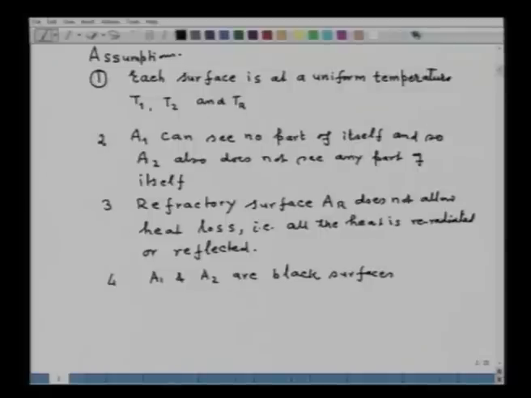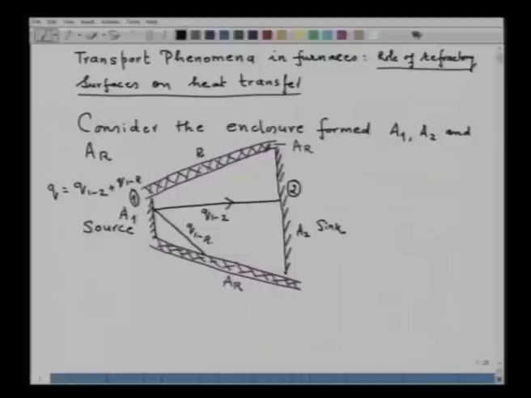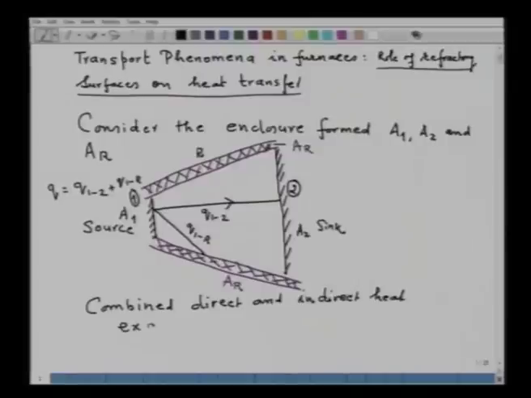So, now what this figure represents is a combined direct and indirect heat exchange between the surfaces.